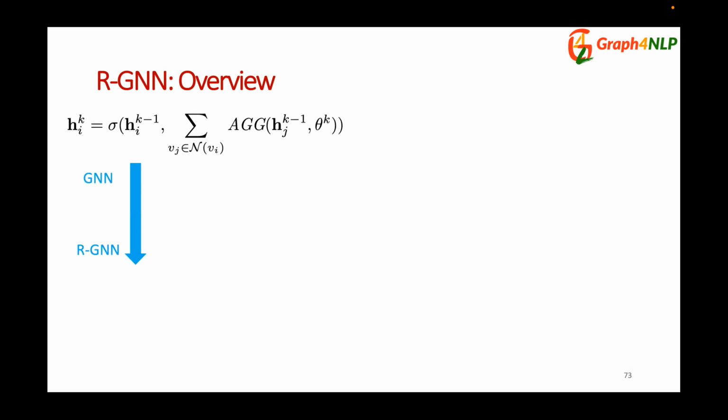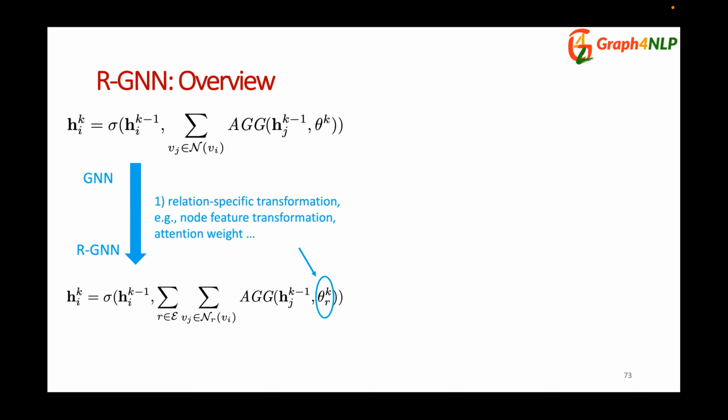Let's first talk about RGNN. RGNN, which is short for relational GNN, is the most common variant. Compared to the conventional GNN, it has two features. One, it introduces relation-specific transformations. For example, in this equation, we have Θ_r here.